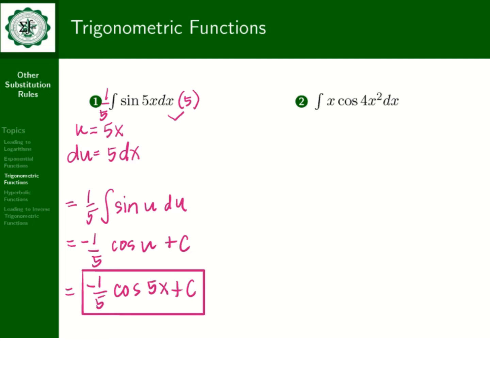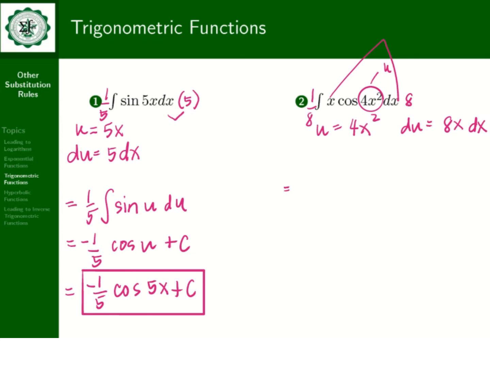For our next example, we have the integral of x times cosine of 4x squared dx. So here the angle is 4x squared, and then du is equal to 8x dx. So 4x squared here will be replaced by u, and then x dx, if we multiply our given with 8 and put 1 over 8 outside, we shall be able to perform the substitution.